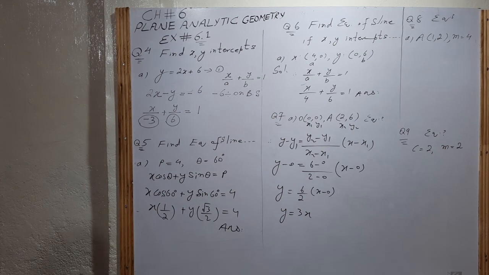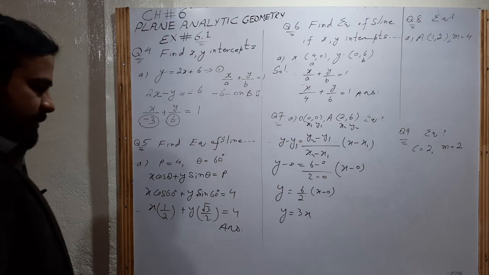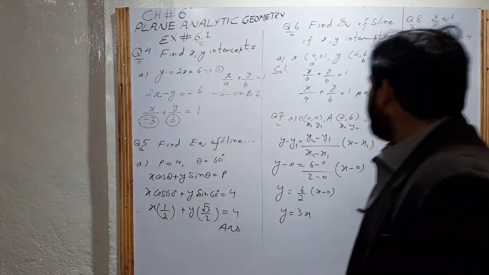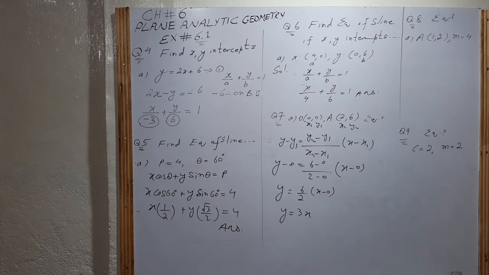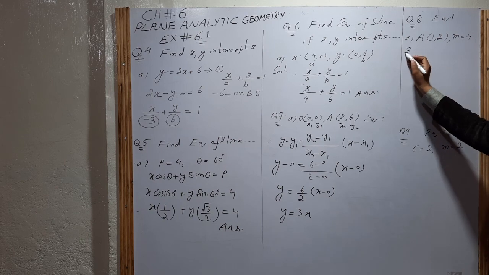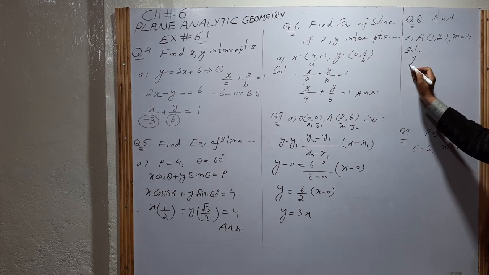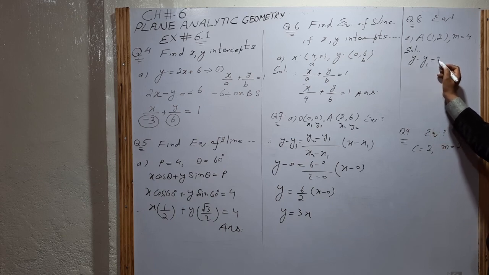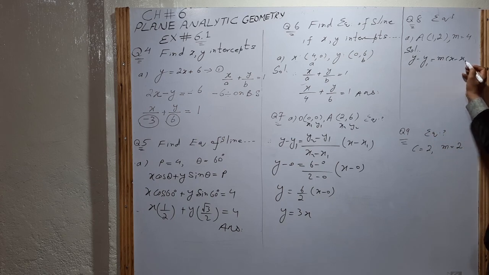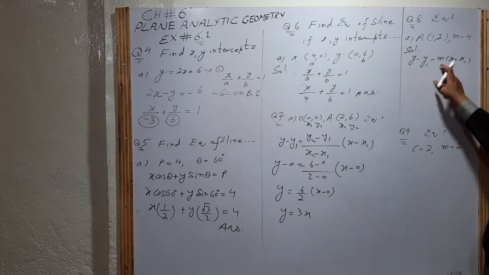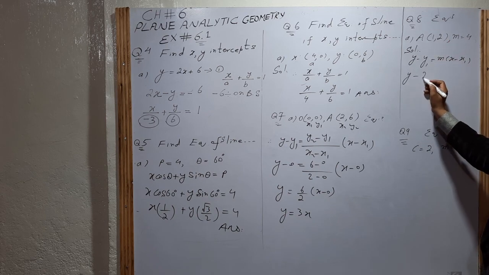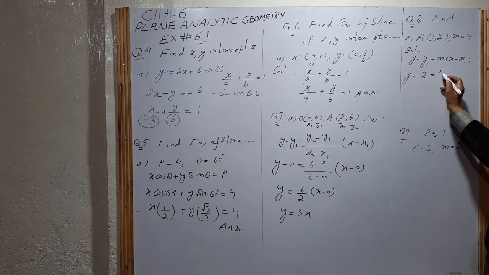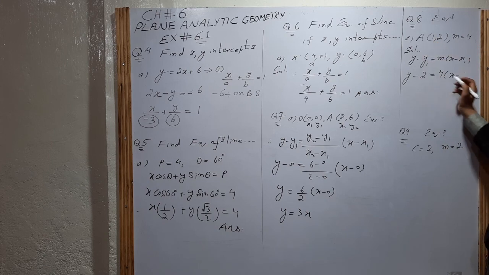Dear student, the next question is number 8: find the equation of the straight line when a point and slope are given. It means the point slope form. The formula of the point slope form is y minus y1 equals m times x minus x1, where (x1, y1) is the point and m is the slope. Simply putting the values, y1 is 2, m is 4, and x1 is 1.